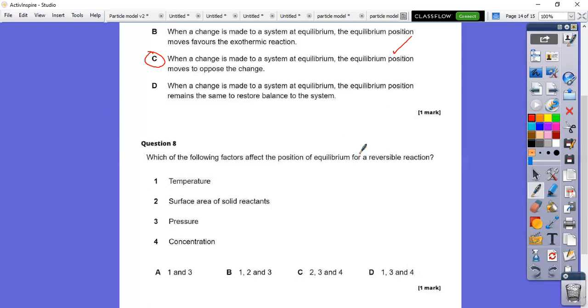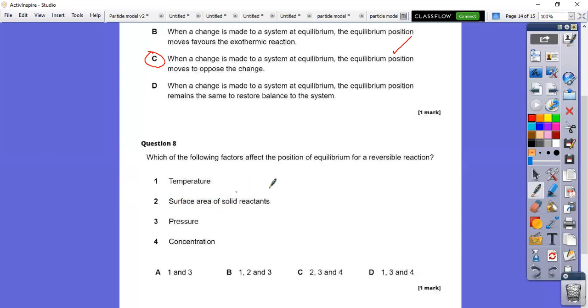So for solids, would it be 2? Would surface area be for solid? Surface area for solids. Okay, now this here can be a bit of a tricky one.